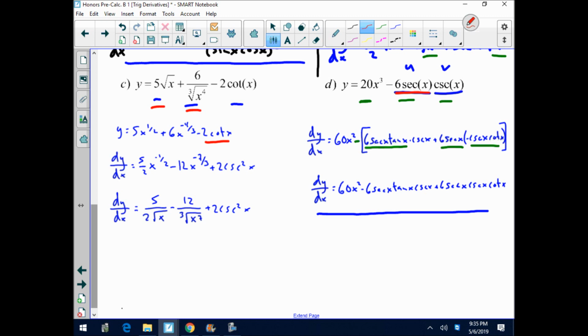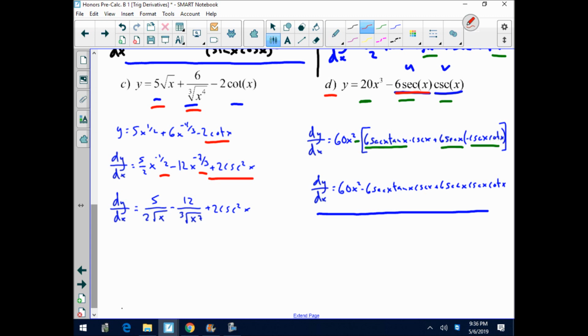But right here, we've got our negative term and our negative derivative canceling out, giving us a positive for that last term. And then right here, of course, we're going to want to take care of negative fraction exponents that we're seeing. So we would write 5 halves x to the negative 1/2 as 5 divided by 2 square root of x, and 12x to the negative 7/3 as 12 divided by cube root of x to the 7th.